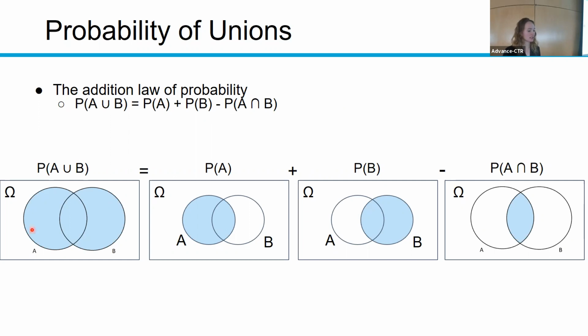The probability of A union B is equal to the probability that A happens plus the probability that B happens minus their intersection. The reason you're subtracting out that intersection at the end is because you added it in once right here, but you also added it in a second time here. So you just need to take out one of those in order to get an accurate representation of this space here.